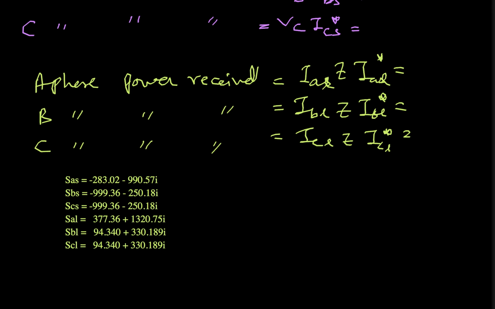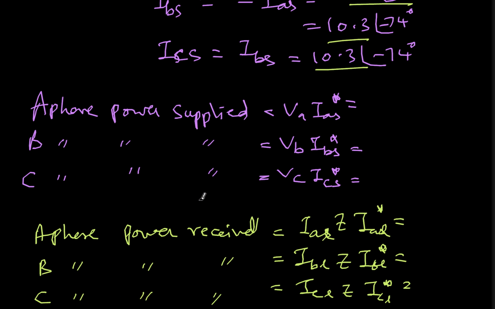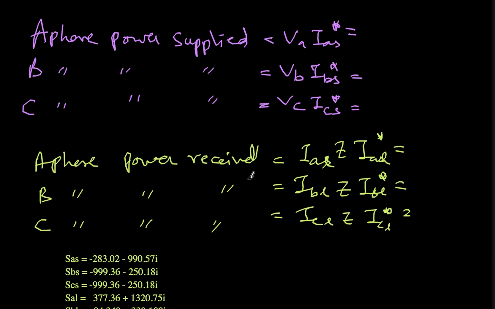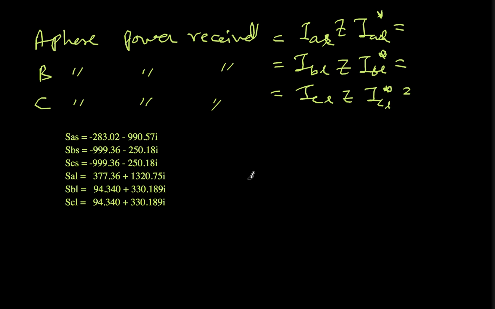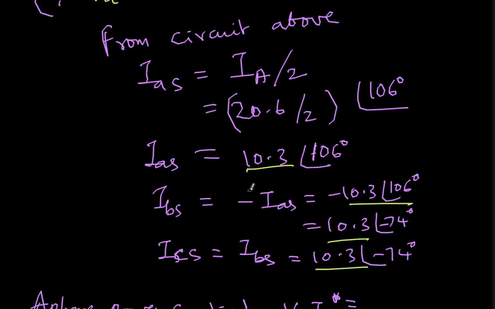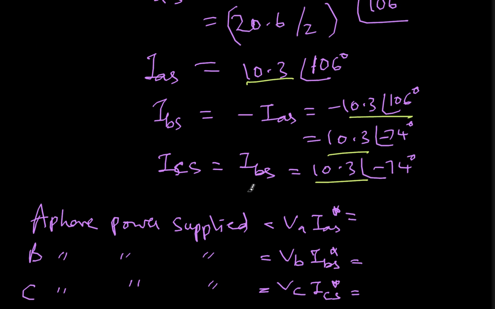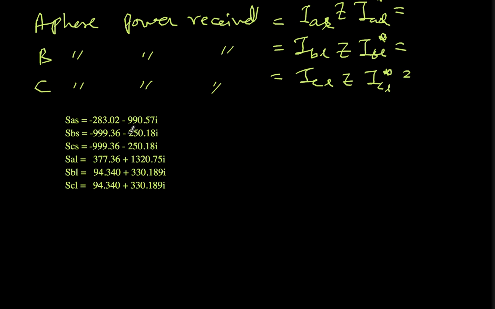The total power supplied by the source should match the total power consumed by the load. So somewhere I made a mistake. It's fine. It's not that everything should be correct all the time. So I leave it to you to check this once again, and please leave your comments where I made a mistake. These powers are not matching according to me.